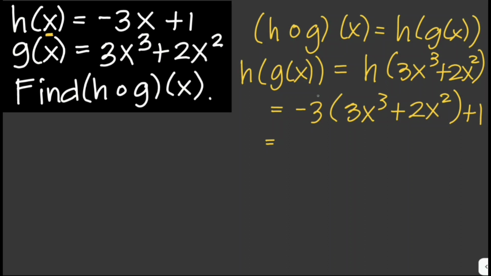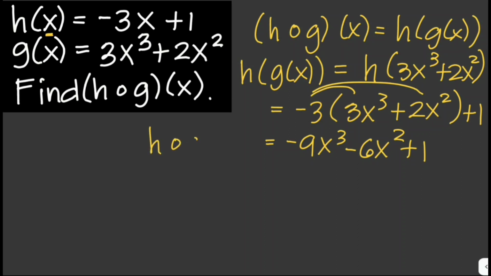And then simplifying this by distributing negative 3 to the expression inside the parentheses. So that would be negative 3 times 3x cubed is negative 9x cubed. Then negative 3 times 2x squared is negative 6x squared plus 1. So this is our h of g of x.